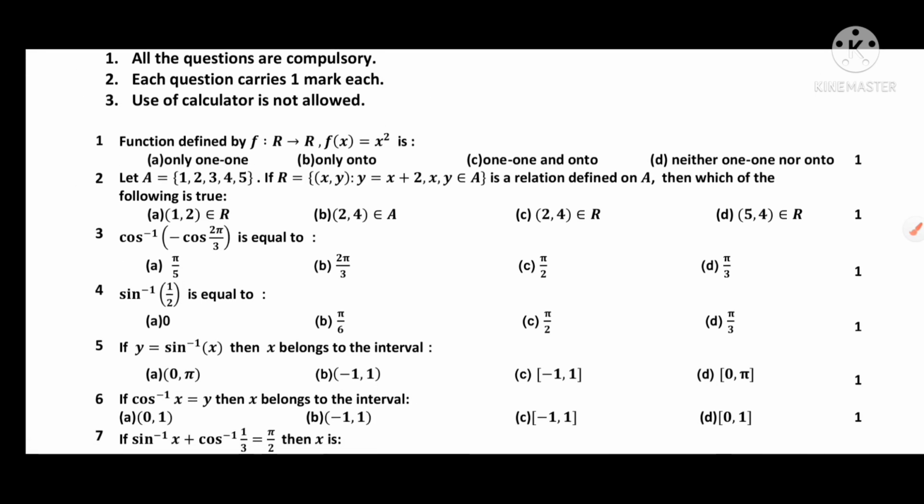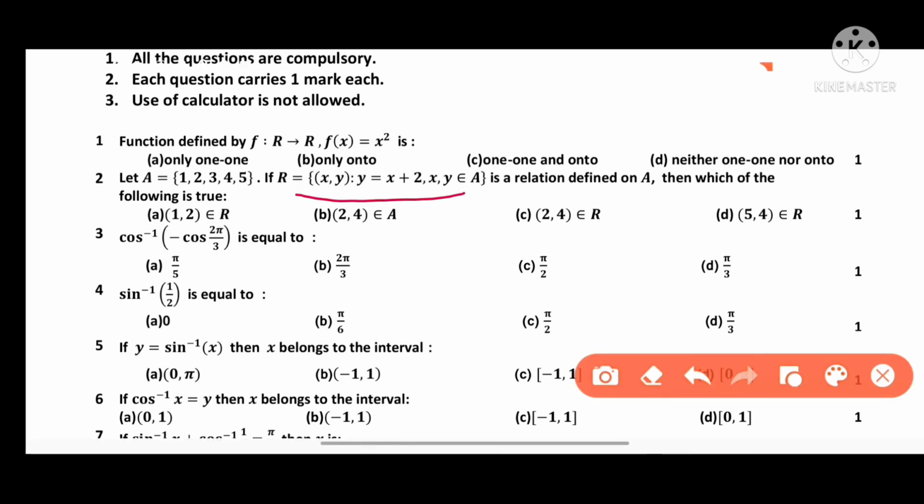Next, let A is equal to {1, 2, 3, 4, 5}. If R is equal to {(x, y): y is equal to x plus 2, x, y belongs to A} is a relation defined on A, then which of the following is true? Now the relation is y is equal to x plus 2. Now take x is equal to 2.